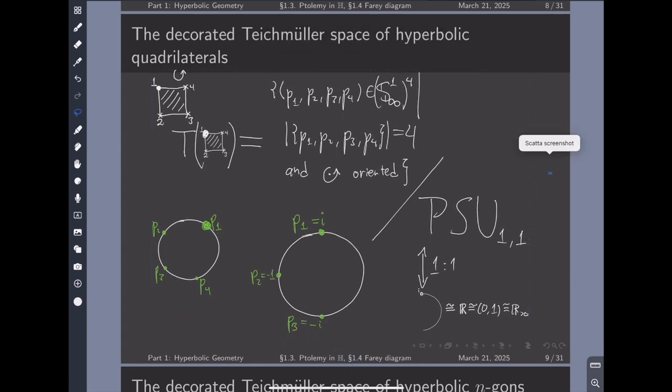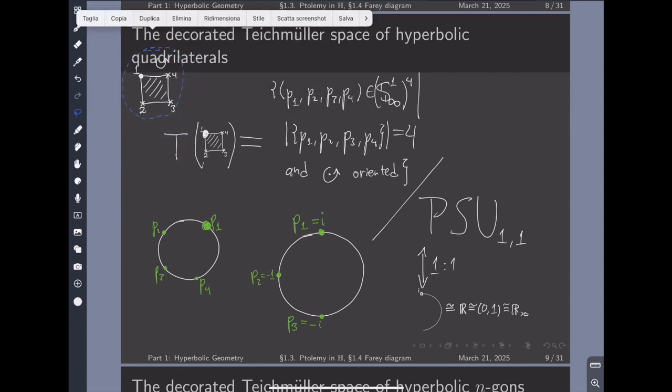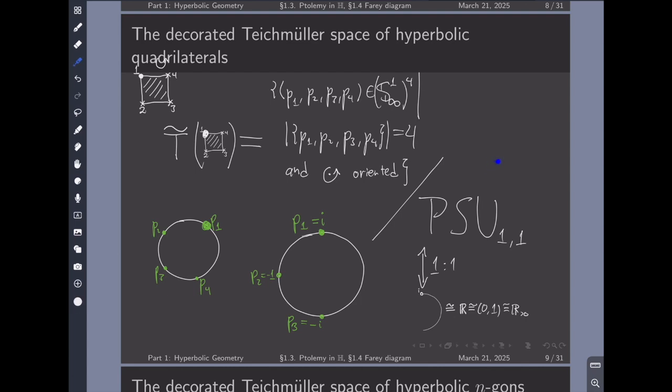Yeah, so now it's going to be decorated. Here is going to be tilde. And now again, in the very end, I'm also going to mod out by the group of orientation preserving isometries, so that won't change.